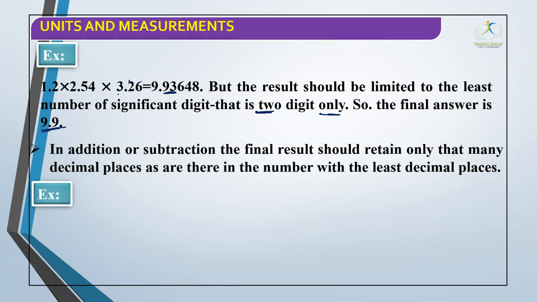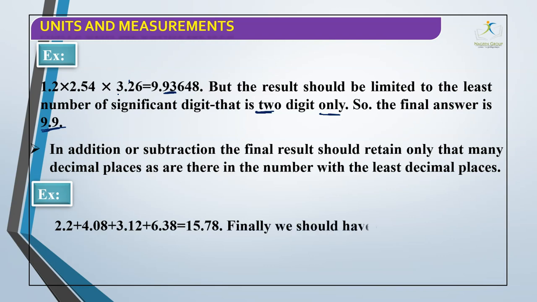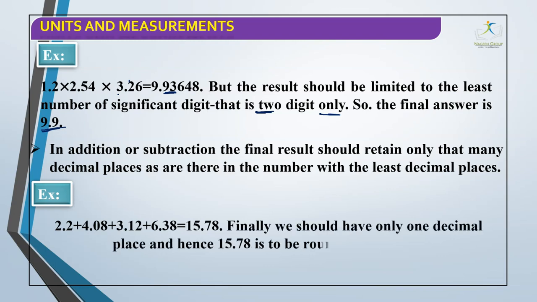But in the case of addition and subtraction, the final result should retain only as many decimal places as the number with the least decimal places. Let me give you an example. 2.2 plus 4.08 plus 3.12 plus 6.38 gives 15.78. If I want to write it with the least digits, it is rounded off.